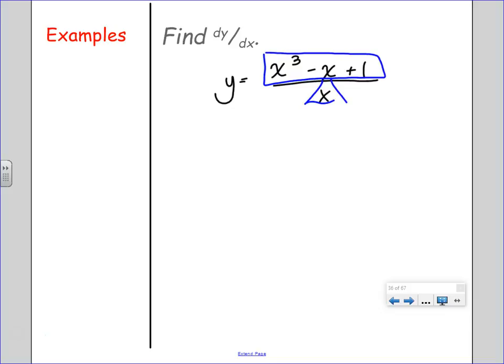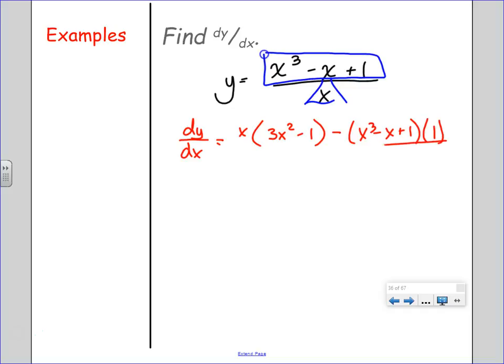Bottom and top. And how would we derive it? Tell me the quotient rule one last time. Derivative of the quotient is bottom d top minus top d bottom all over bottom squared. The only thing left to do is simplify.